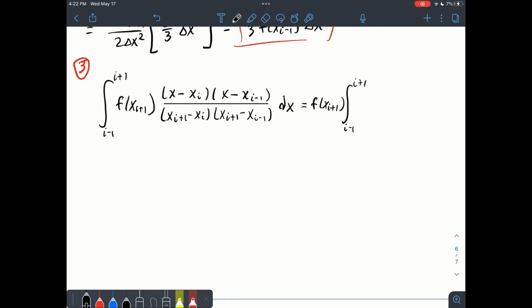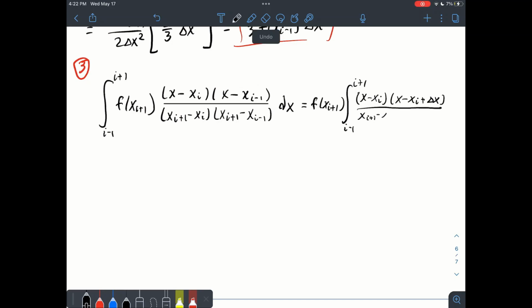And then let's see, we have x minus xi, right? We know that guy. And then x minus, no, not xi, x minus xi plus delta x. And then we're going to divide by xi plus 1 minus xi.